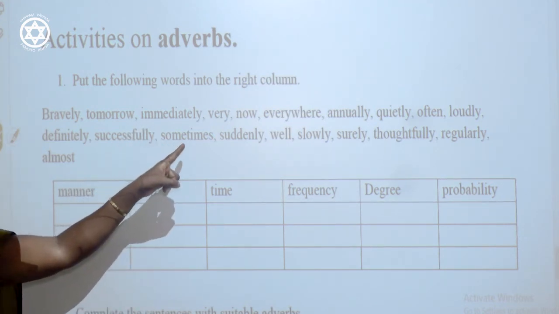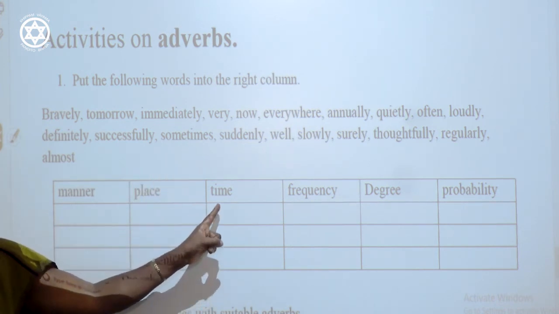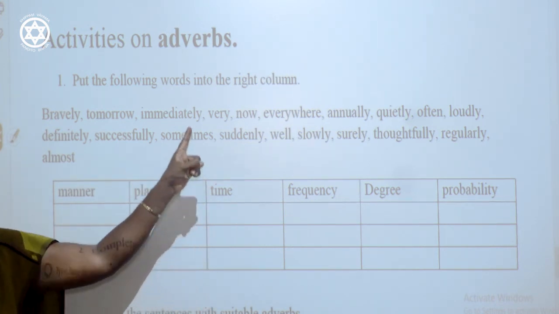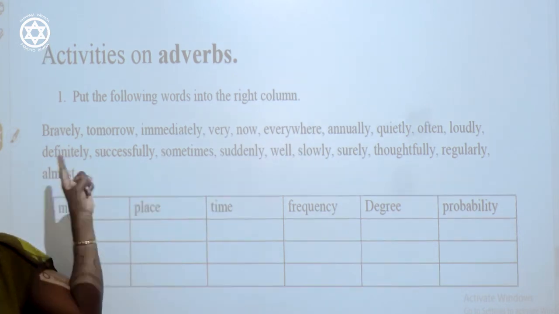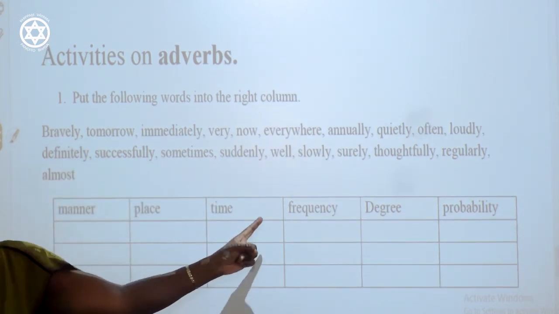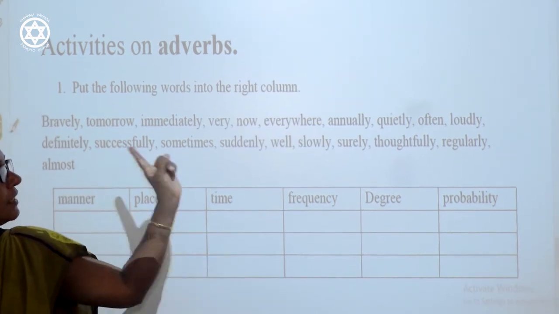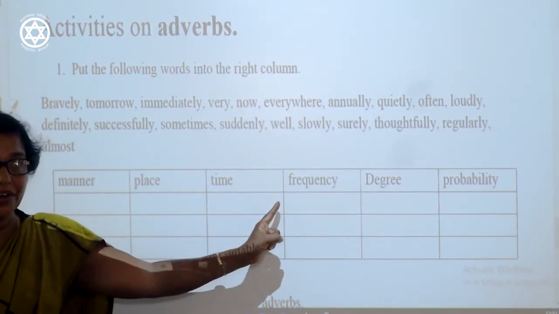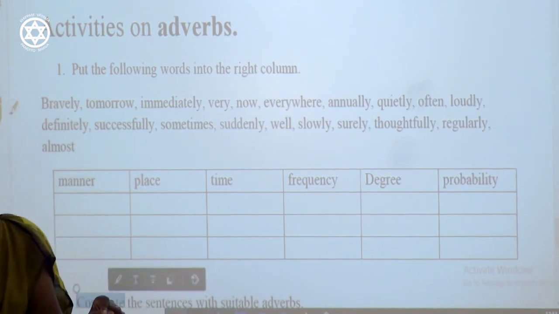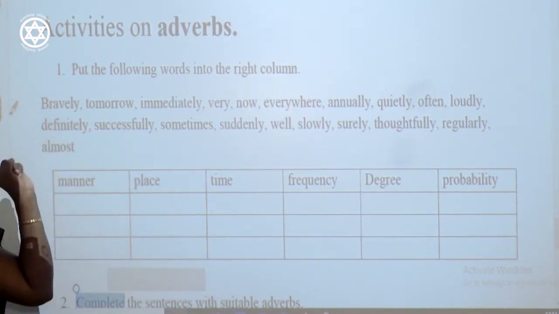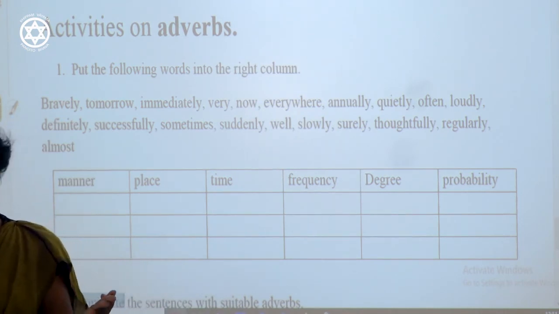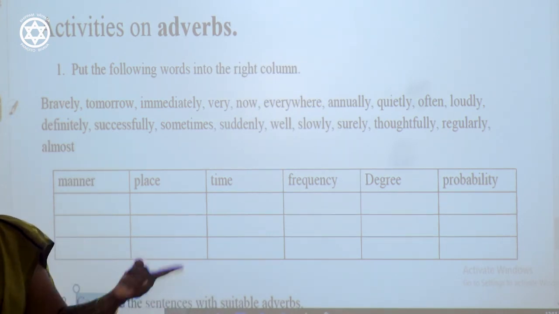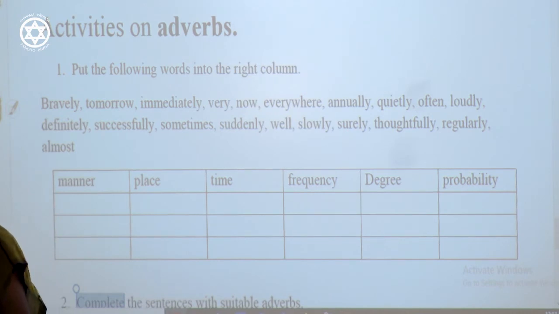If it answers the question when, it belongs to the adverbs of time. If it answers the question how often, they belong to the category of adverbs of frequency. If it answers the question to what extent, it belongs to the category of adverbs of degree.